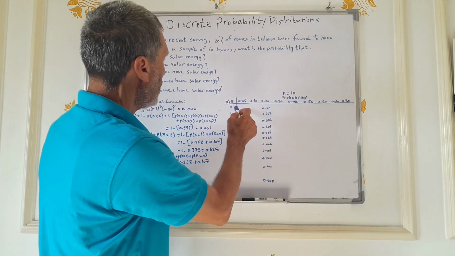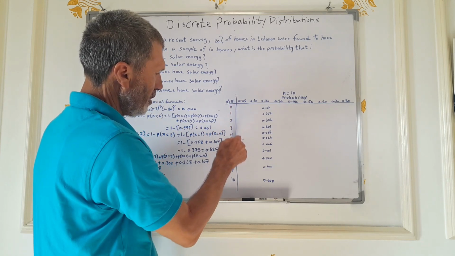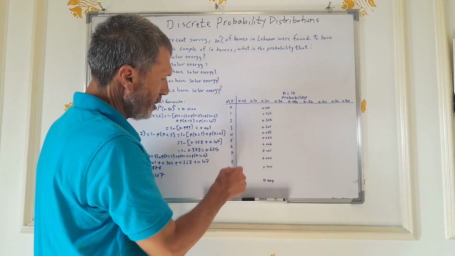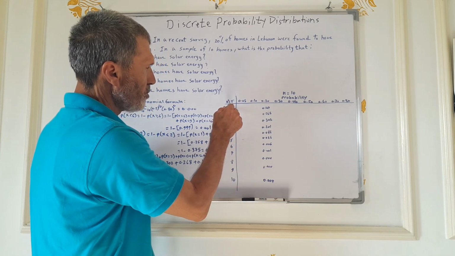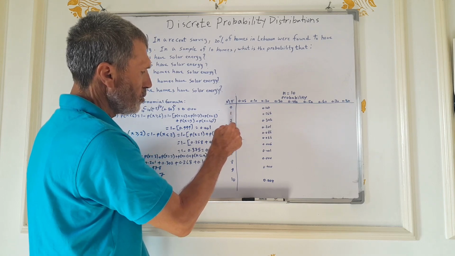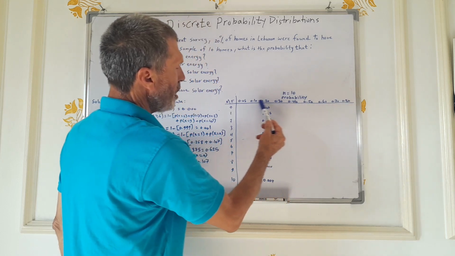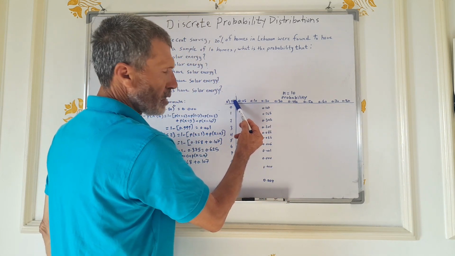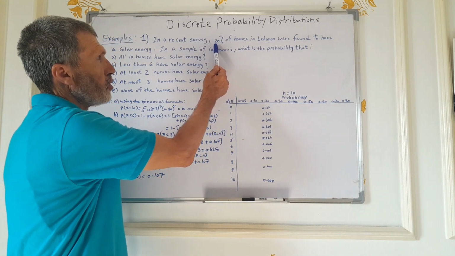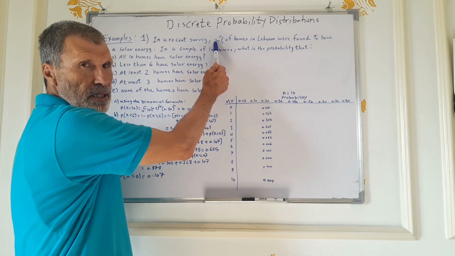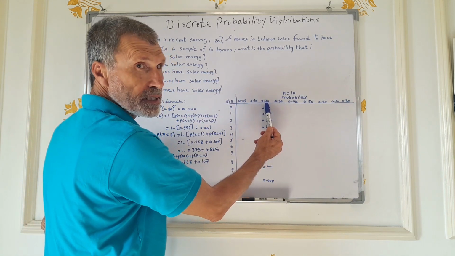Along the column here, you're going to have successes, whether the probability of x equals 0 or 1 or 2, all the way till 10. And over here, you're going to have the probability, the pi. Here, for instance, we have pi is 0.20 or 20%, so we're going to move all the way to 0.20.